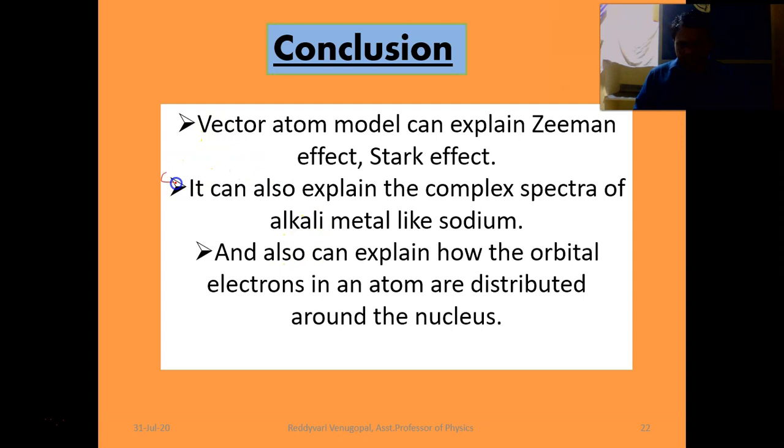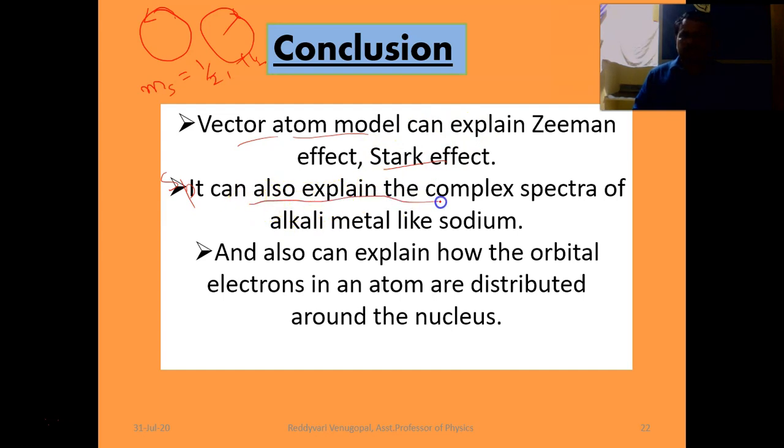Next, spinning of the electron also will be there. The electron spins either clockwise or anti-clockwise. So that's why our spin quantum number can take values only either plus 1/2 or minus 1/2. So, coming to conclusions: the vector atom model can explain the Zeeman effect, Stark effect, and so on.